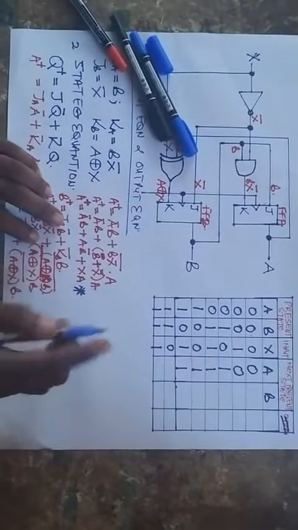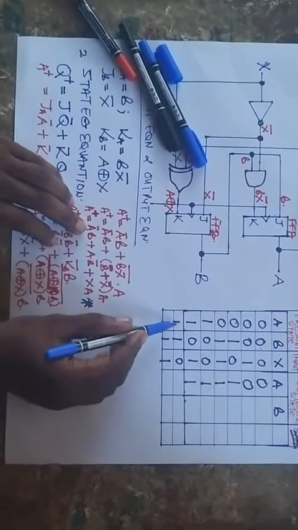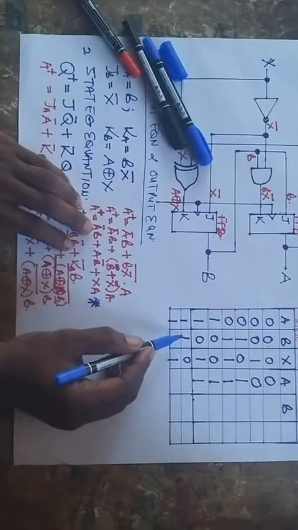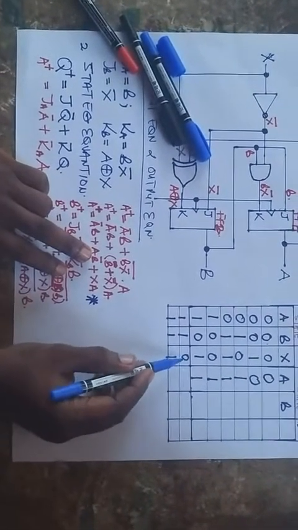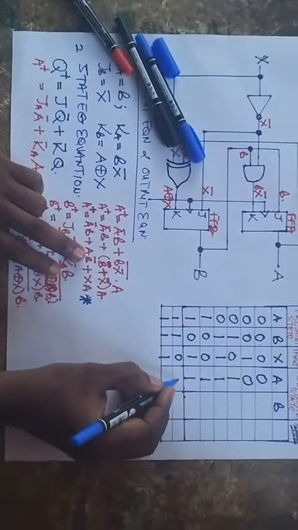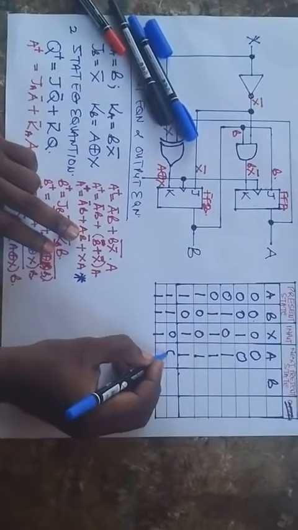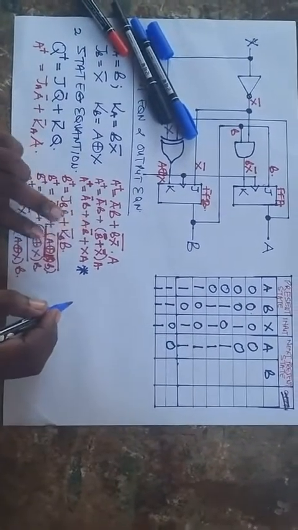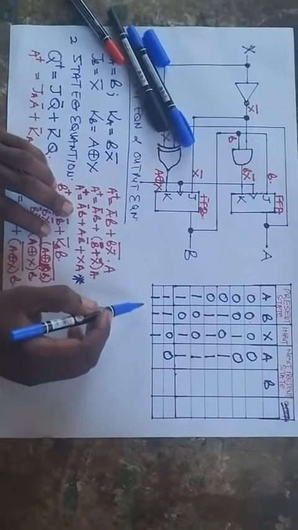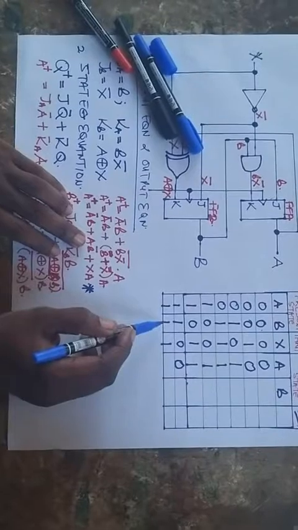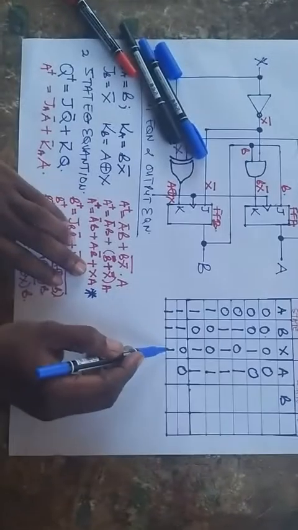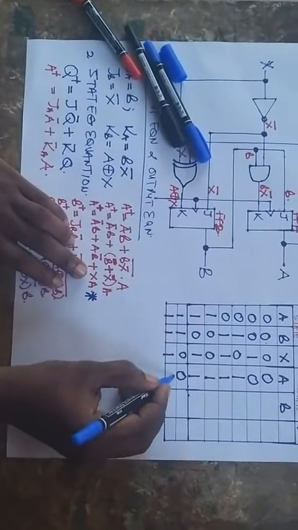Now we have A, which is 1, so bar will be 0, B will be 0, then X A, but X is equal to 0, so here will be 0, right? Now we have A bar will be 0, B bar will be 0, here we have X A, X is 1 and A is 1, so here will be 1.